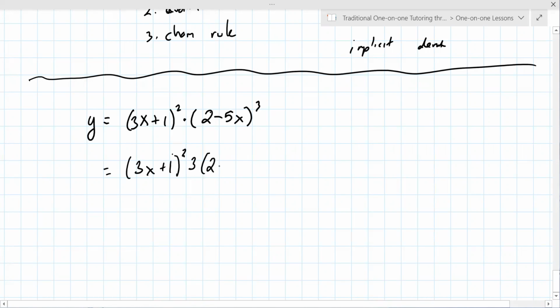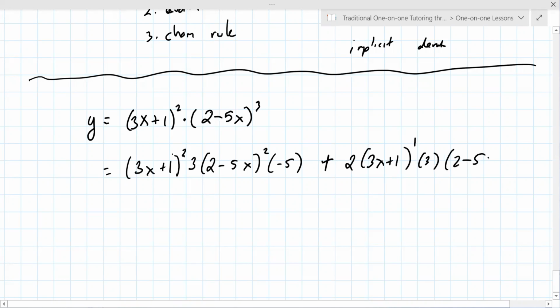It's 2 minus 5x squared, derivative of the inside function minus 5, plus derivative of the first, 3x plus 1, power of 1, derivative of the inside is 3, 2 minus 5x cubed.